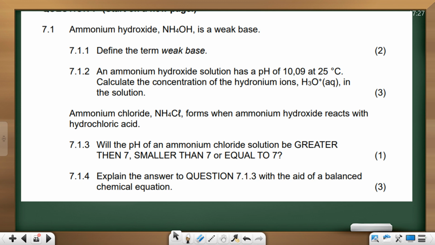No. Because you must mention where it is dissociating. In water. Please. Dissociate in water to form what? A low concentration of hydroxide what? Ions. Please, definitions right now.